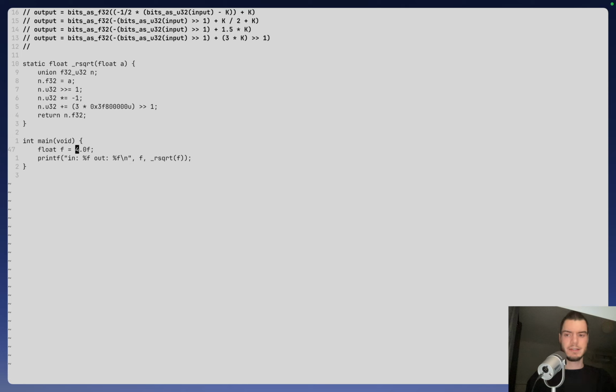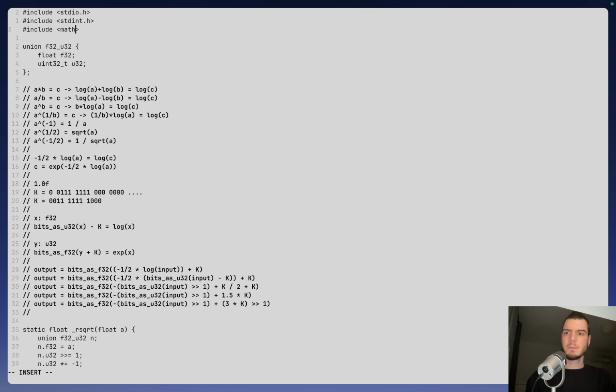All right. Let's try to compare this to the actual implementation. So let's do real out. And what I mean by real out is just doing the calculation ourselves with sqrtf, and I think I need to include math.h. Yep.